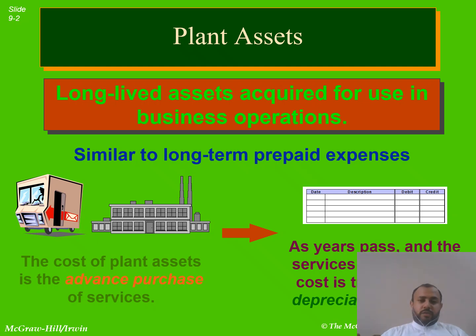As you can see on the screen, assets are being acquired for long-term use. Let's suppose a company purchased a machine, a vehicle, or something like that that is being used for a longer time period. Assets are being used for many years.